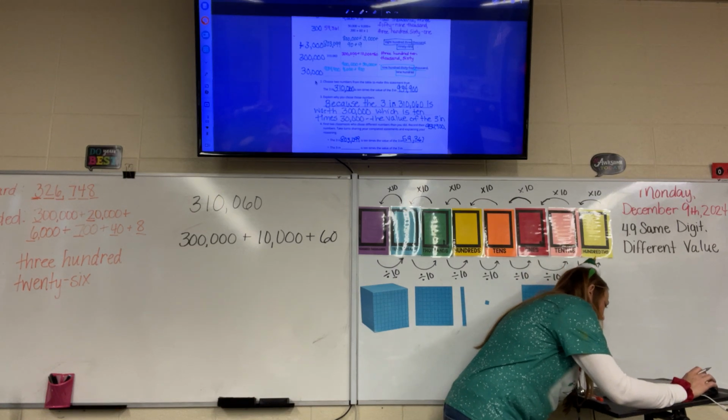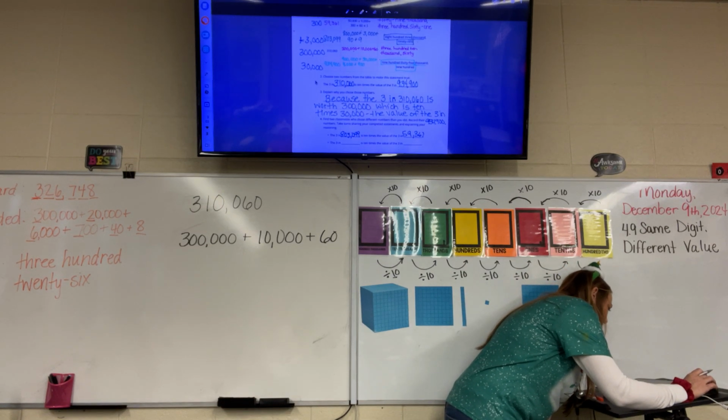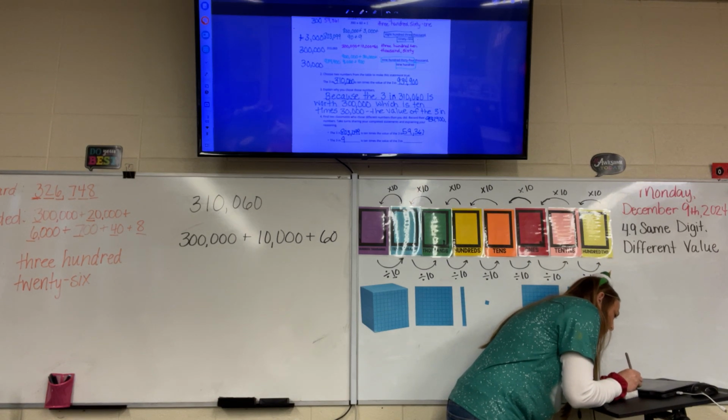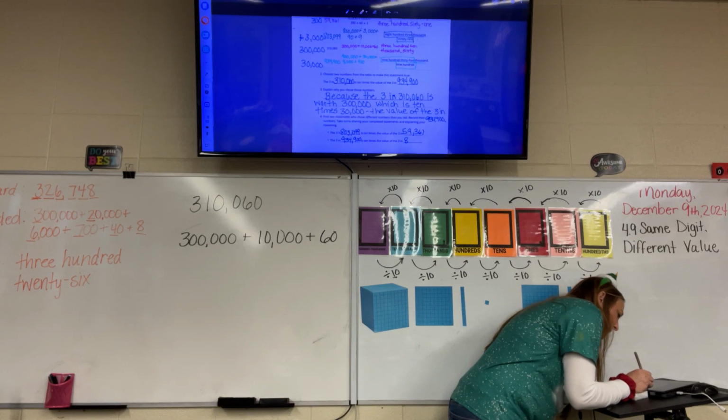And then the other one that we're going to do is 934,900. The 3 in that number is 10 times the value of the 3 in 803,099. Cool.